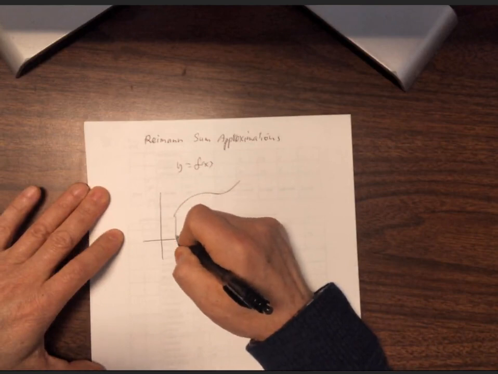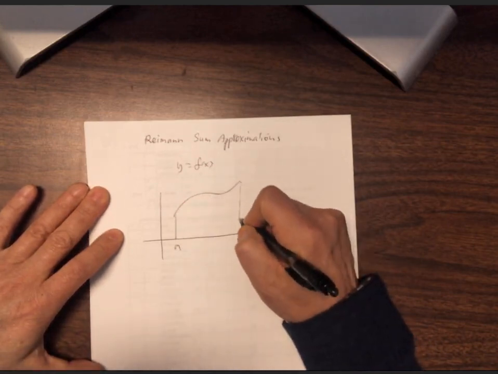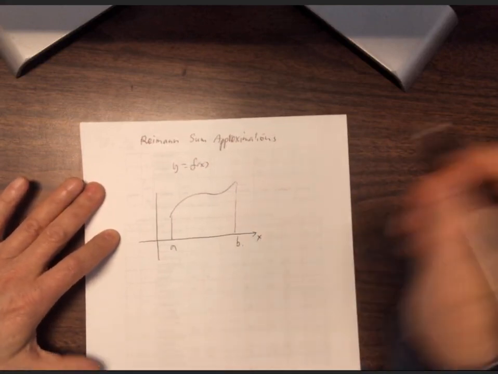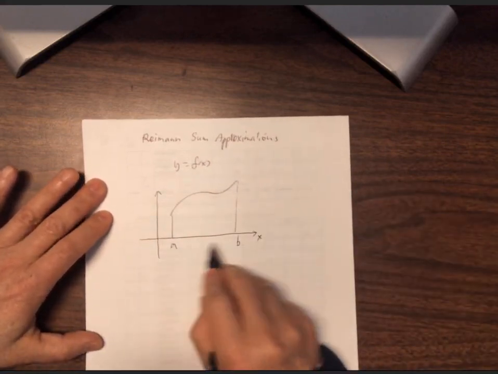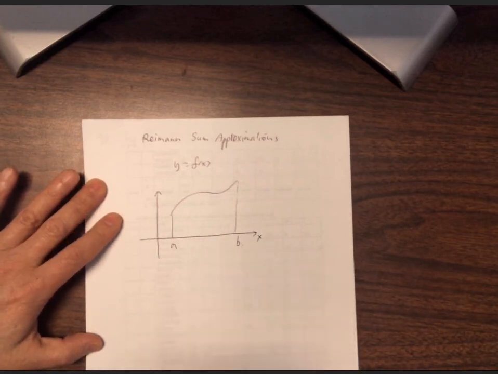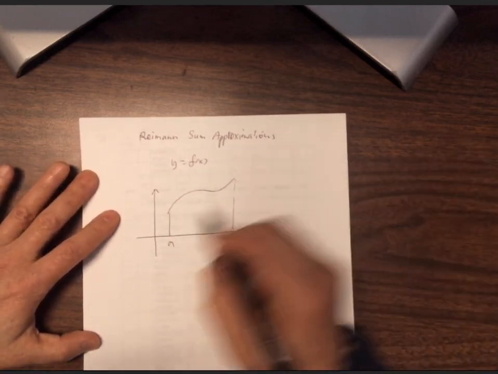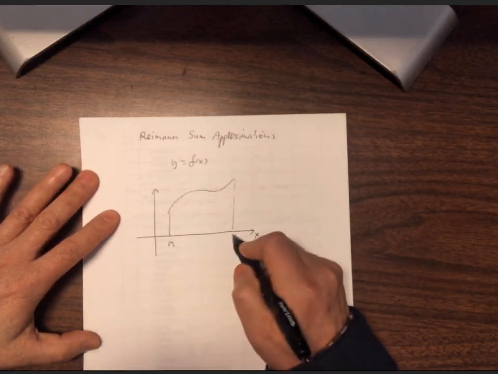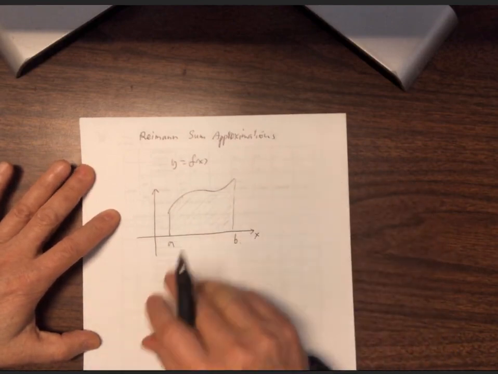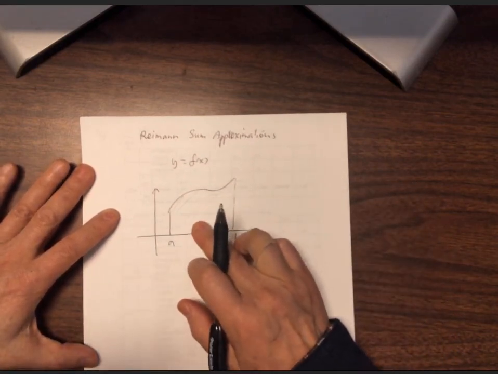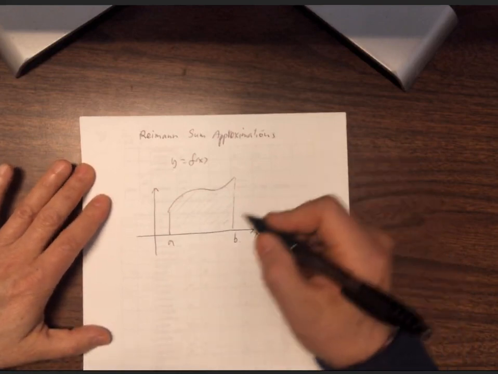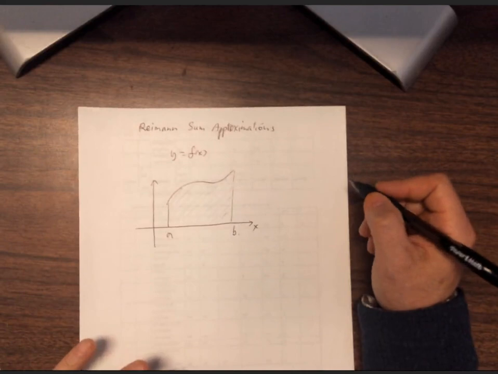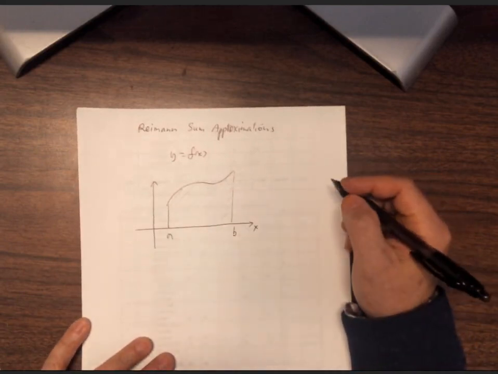We consider the graph of f of x over interval a to b on x-axis. Now, under the graph of f of x and above the interval a to b, this is a region that we are investigating. We want to find the area of this region.